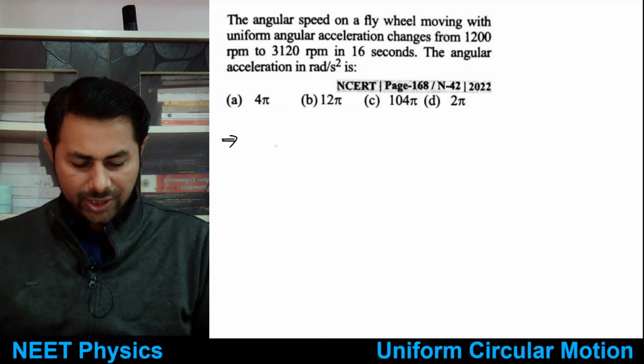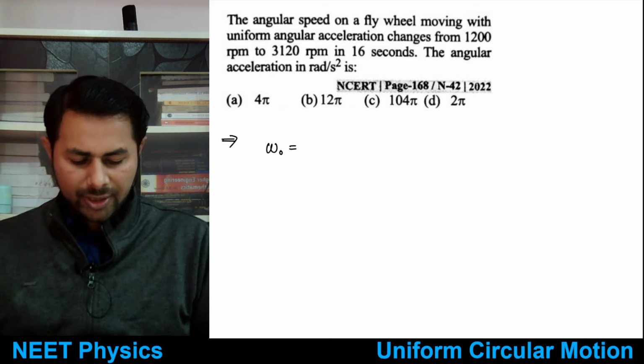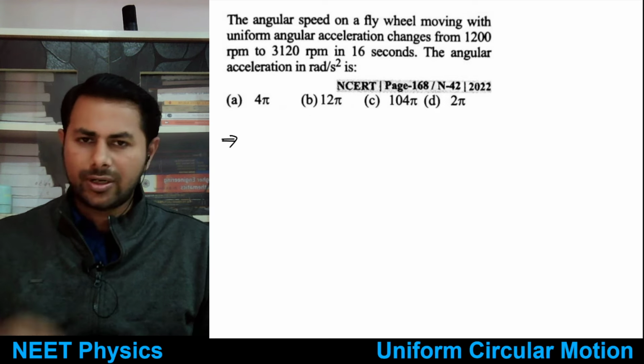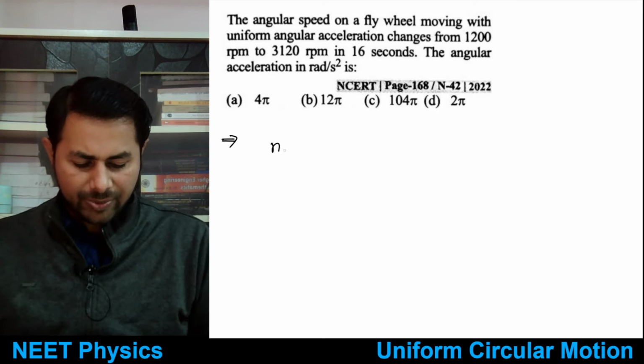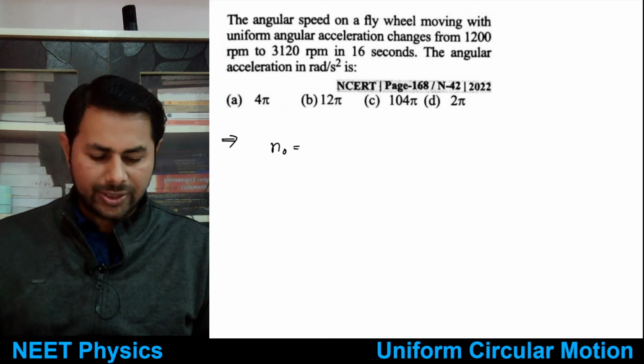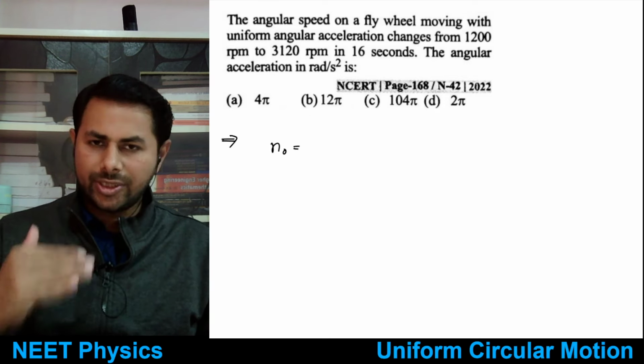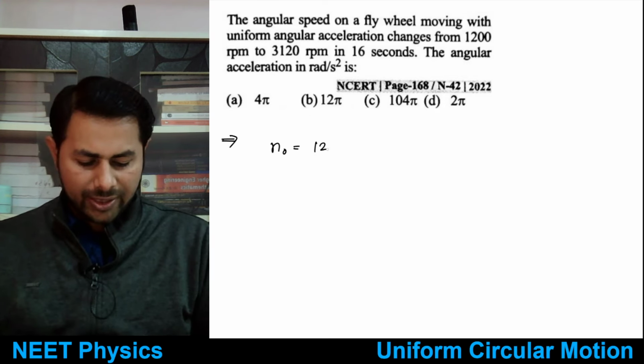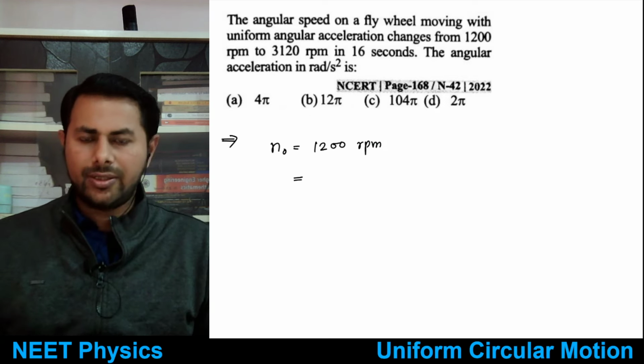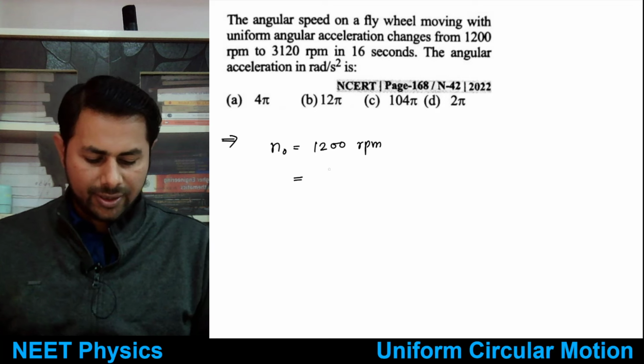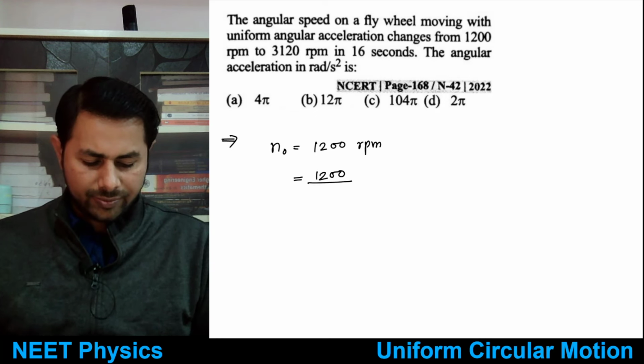So what is the initial angular speed? It's 1200 rpm, but it is not angular speed, it is initial frequency, n naught, because it is given in terms of revolutions per minute. So it is 1200 rpm and I want to convert it to revolutions per second. So what should I do?